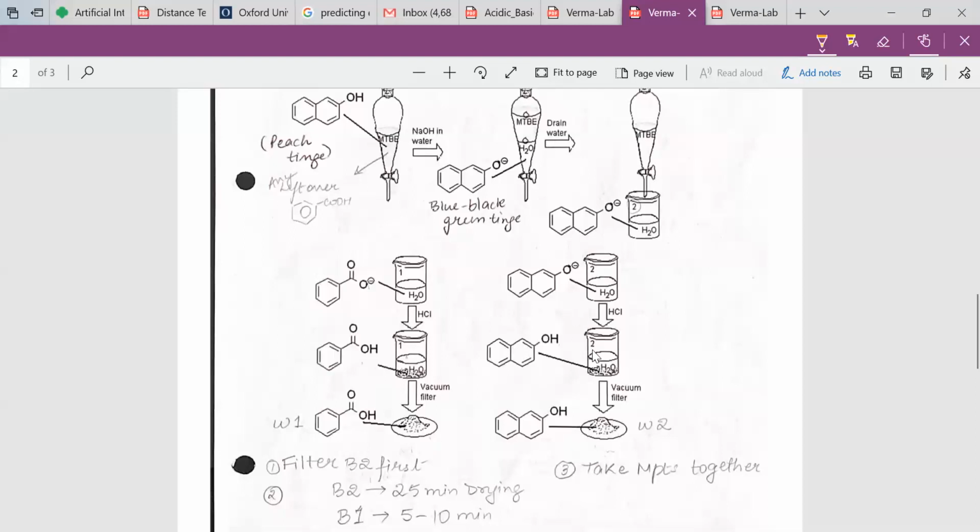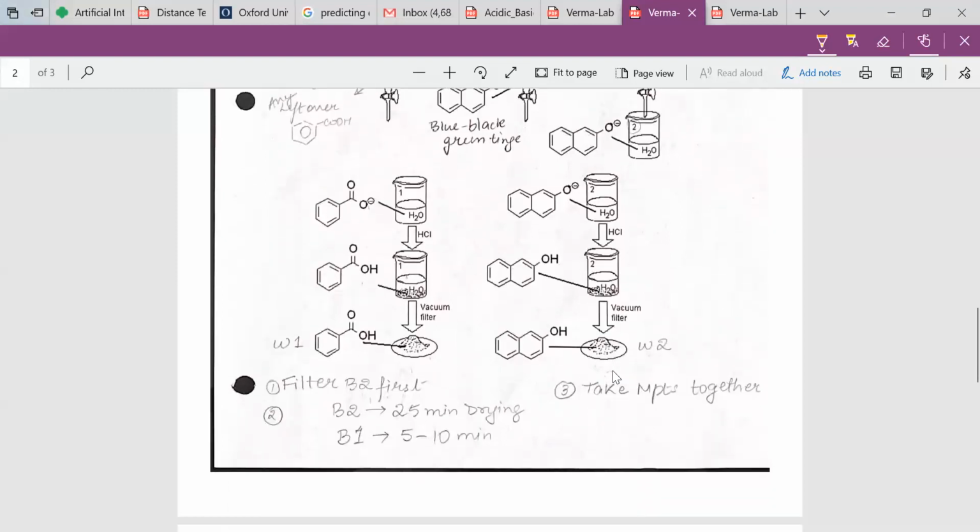Once the protonation is complete, the solid will crash out because remember, benzoic acid is insoluble in water, whereas its anion is definitely soluble in water. The benzoic acid and the protonated naphthol itself are not soluble in water. They will precipitate out as solids.